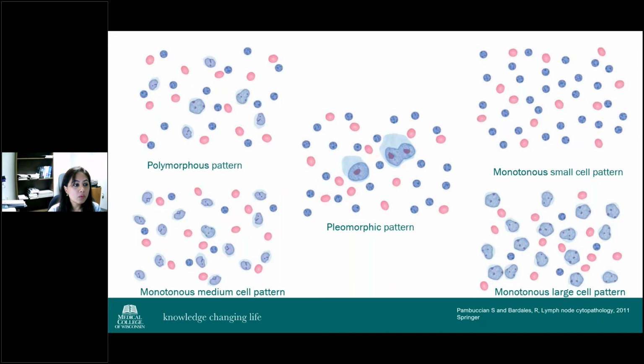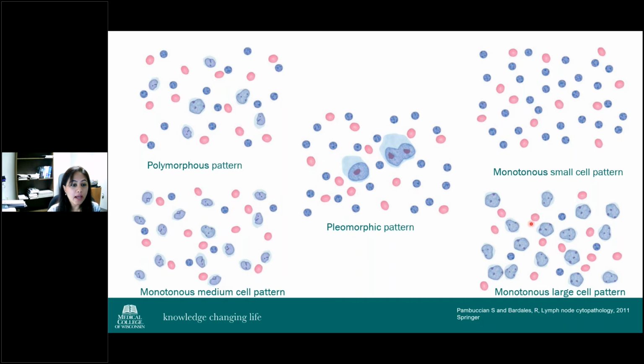First, there is the polymorphous pattern, in which you can have a mixture of small lymphocytes, intermediate size lymphocytes, and large lymphocytes. Then we have the predominantly monotonous patterns: a monotonous small cell pattern, an intermediate cell pattern, and a monotonous large cell pattern.